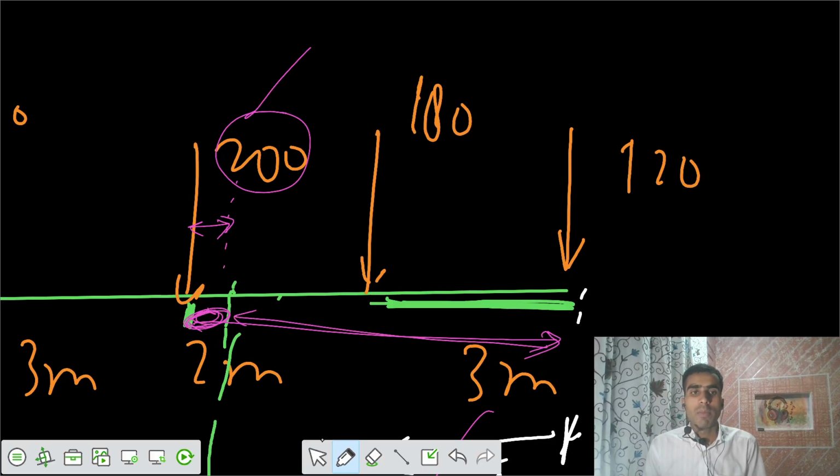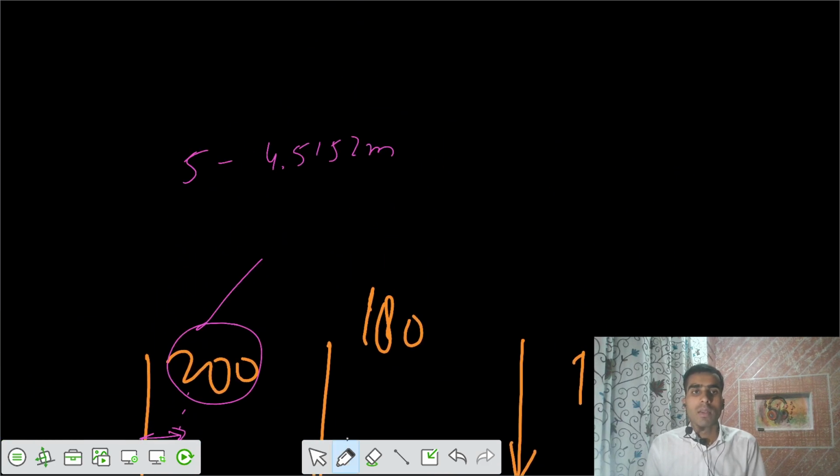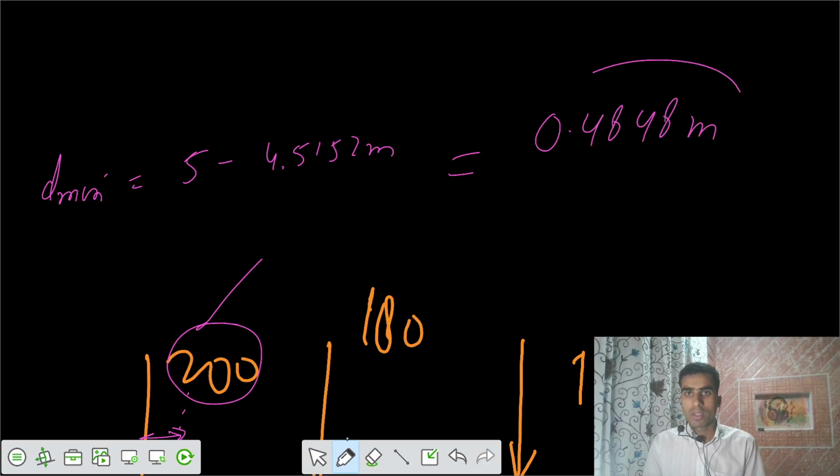So your D minimum is equal to the difference of the two, 5 minus this much. So this is your D minimum, and that value is equal to 0.4848 meter.